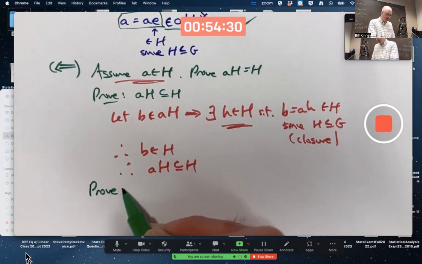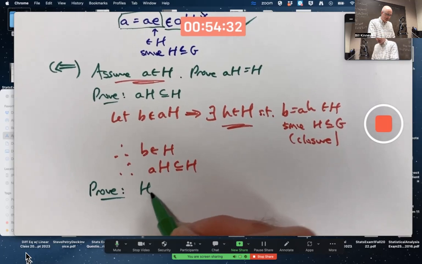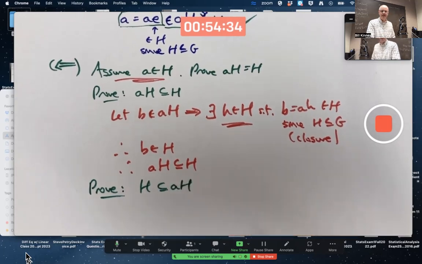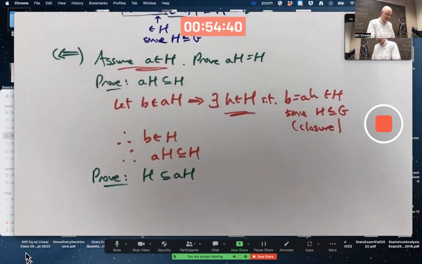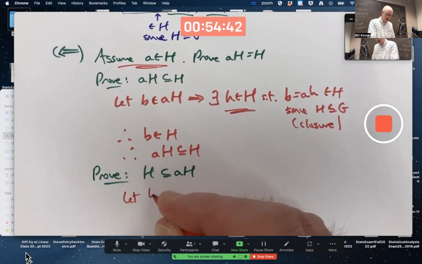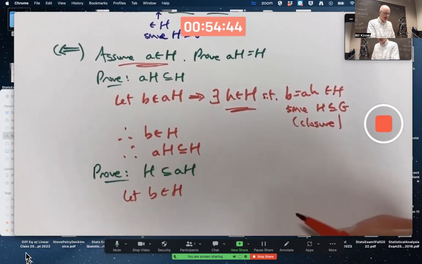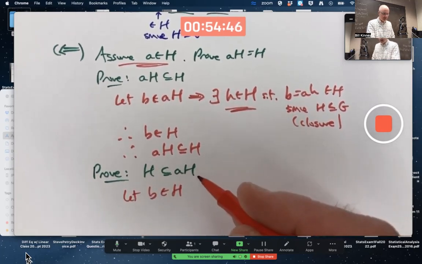The harder inclusion is to prove the other way around: H is a subset of AH. Give me an arbitrary element B of H. I've got to show that it is also in the left coset of H in G containing A. What would we have to do to prove that?